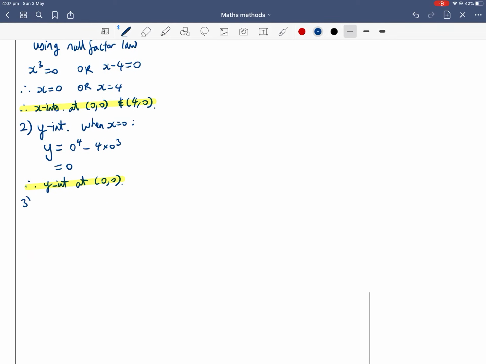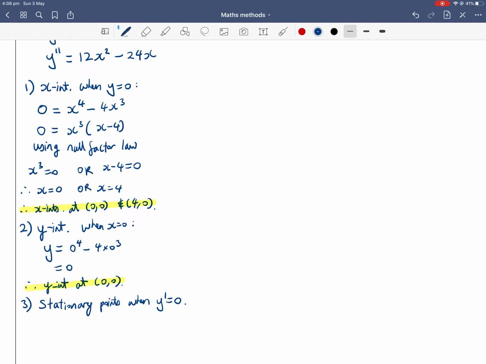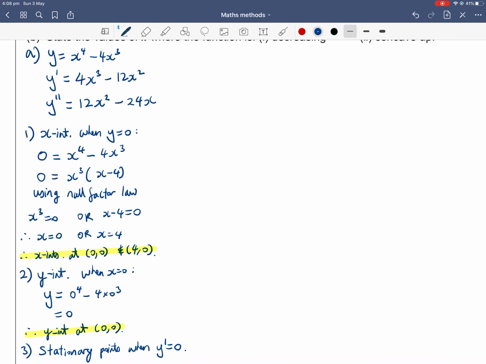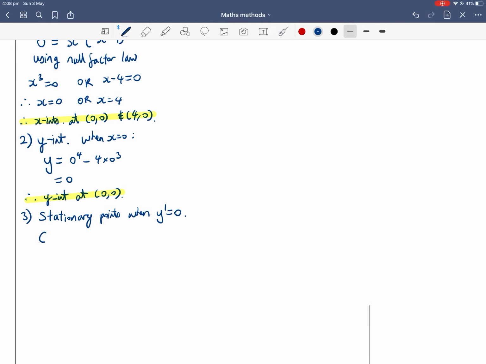Step 3, let's work out the stationary points. So stationary points when y dash equals 0, so that's your gradient equals 0. So going back to your gradient function, y dash equals 4x cubed minus 12x squared. So 0 equals 4x cubed minus 12x squared. Let's factorize.